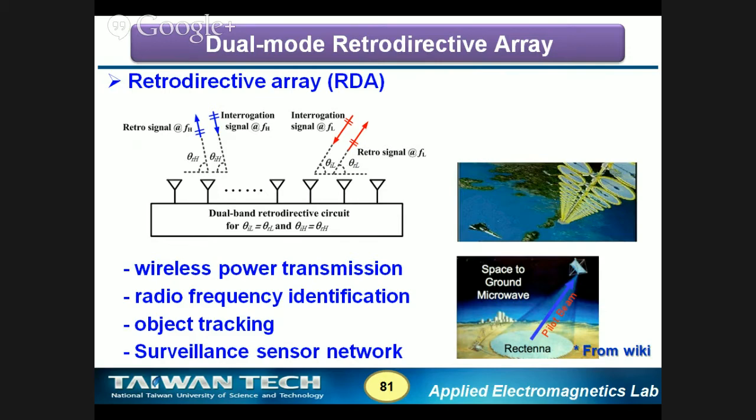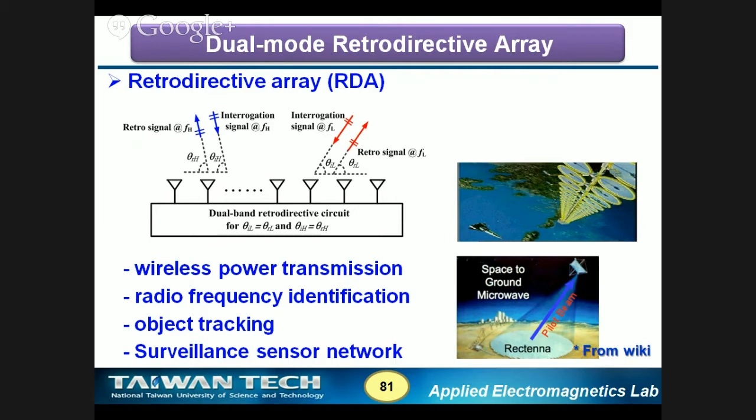They collect the power, and then transfer it into the so-called RF power, and definitely the RF power will be very high, for example kilowatts or maybe megawatts. Then they radiate the power with a very narrow beam to the ground side with a rectenna. Rectenna means rectifying antenna.